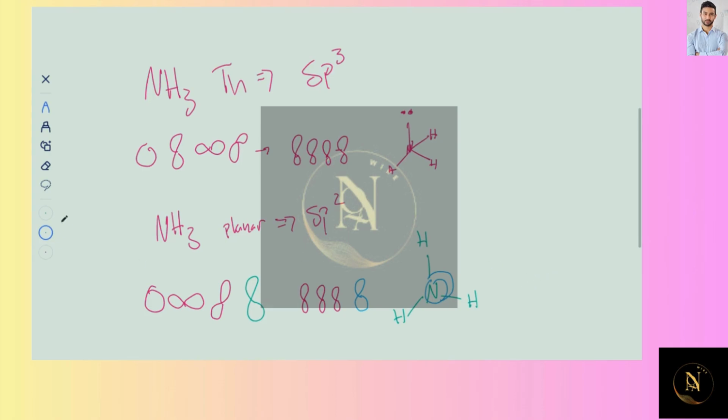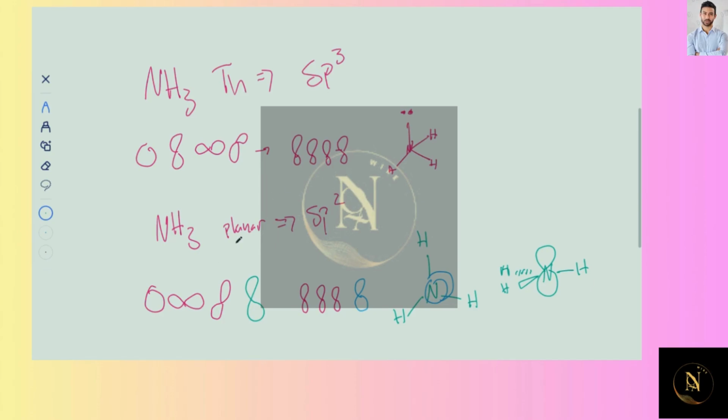And from the side, it would look something like this.